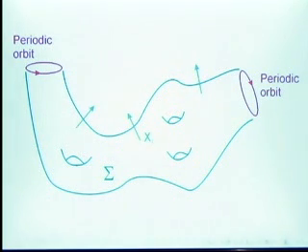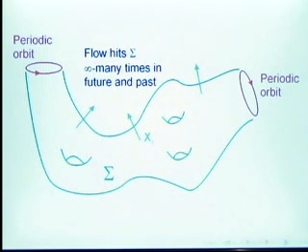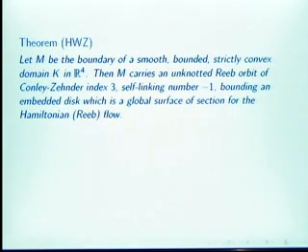Your surface is transverse to the dynamics, and the flow hits the surface infinitely many times in the future and in the past. So whenever you have a global surface of section, and these are very special objects, you can reduce, for example, the study of the dynamics to the return map on this surface. And there are quite interesting applications by Hofer, Wysocki, and Zehnder, for example. Well, I'll come back to that later.